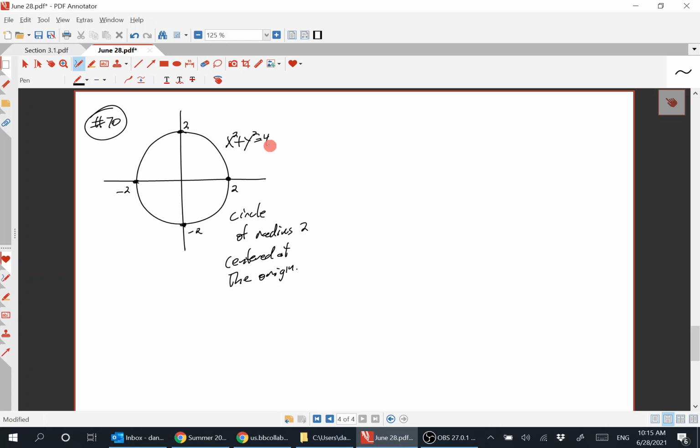If we solve for x, or solving for y, we get the following. So y squared is equal to 4 minus x squared. So square root of y squared is equal to square root of 4 minus x squared.